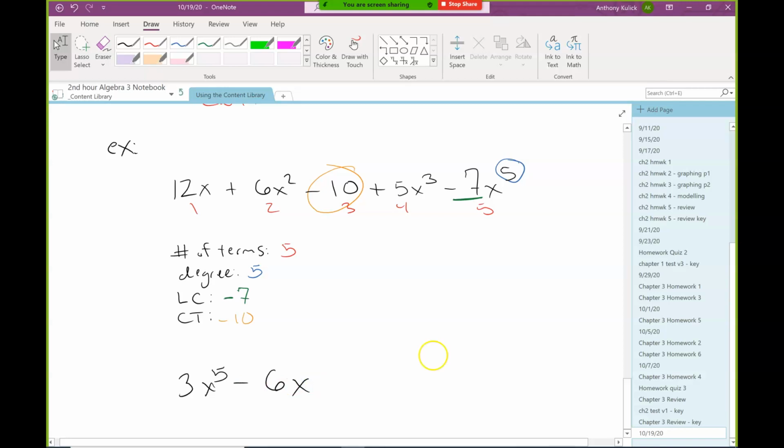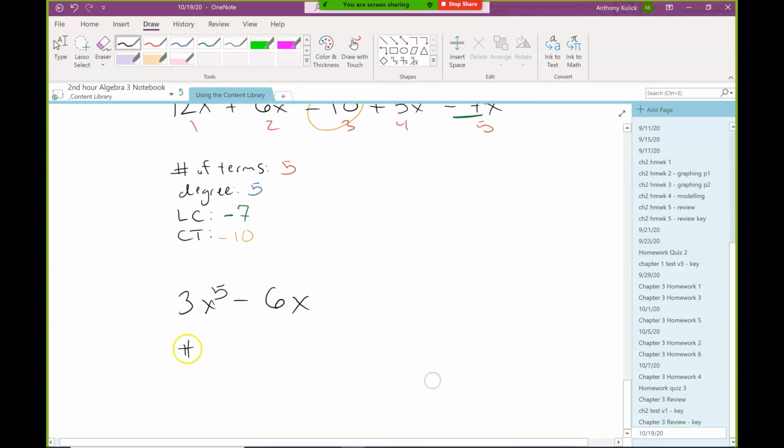What if we ask the same thing about this? Why is it not a polynomial? Well, what's the definition of a polynomial? It's the sum or difference of monomials. Is this the sum or difference of monomials?